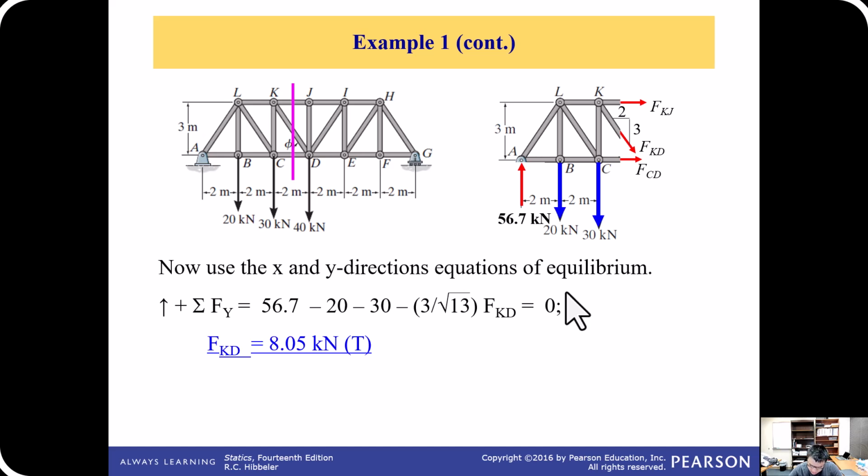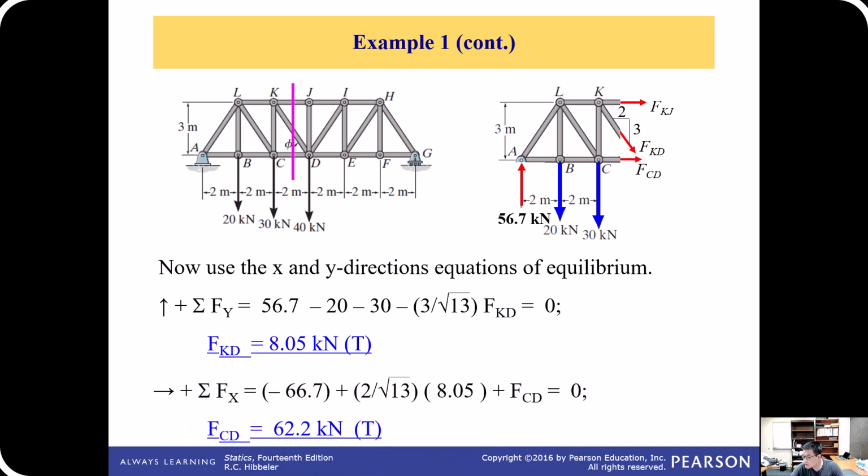And also, the sum of Fx equals negative 66.7, which is the FKG, plus 2 over 13 times FCD equals 0, and then we can solve FCD.